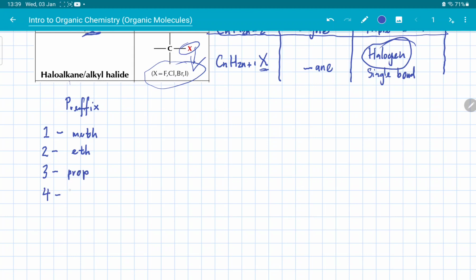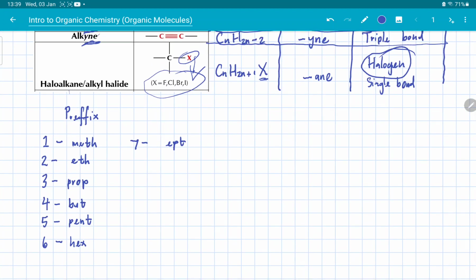Then four is but, five is pent, six is hex, seven is hept. You'll notice it starts to follow the naming mechanisms of your polygons in maths. Eight will be oct, nine will be non, ten will be dec.